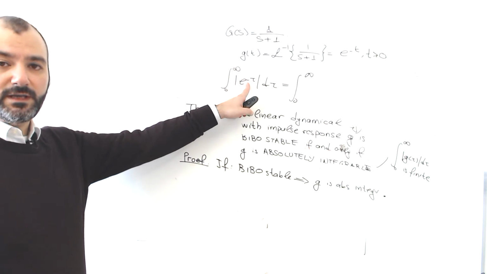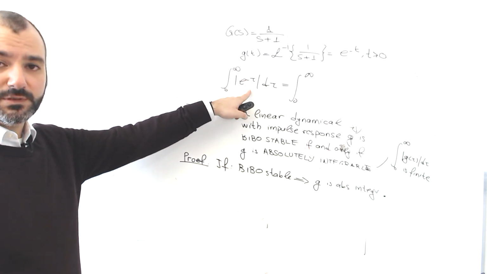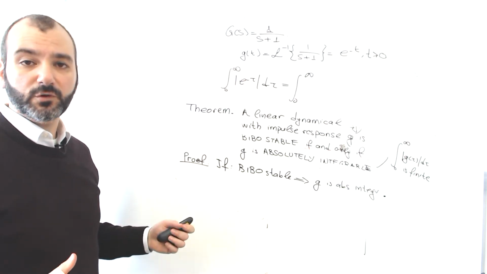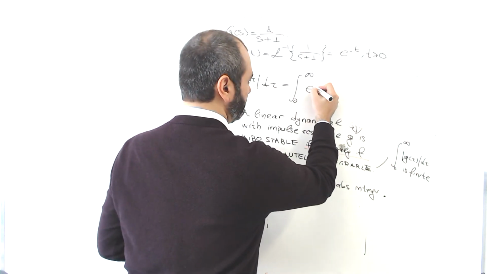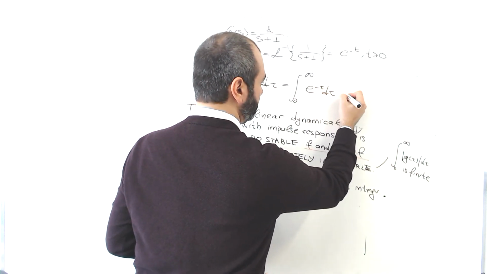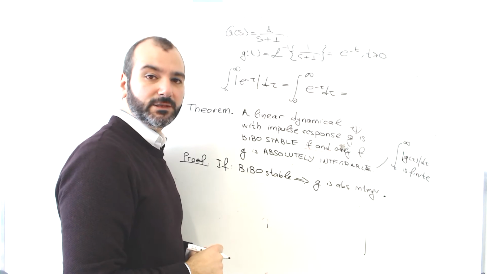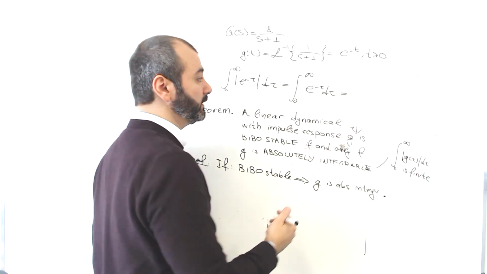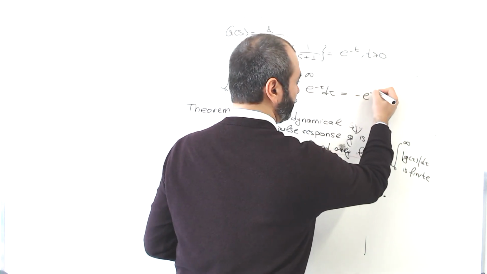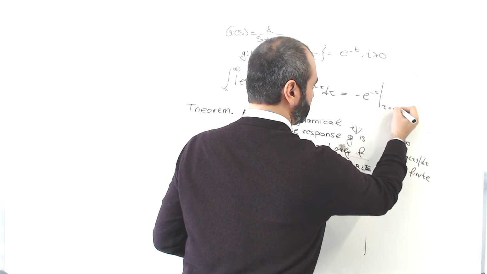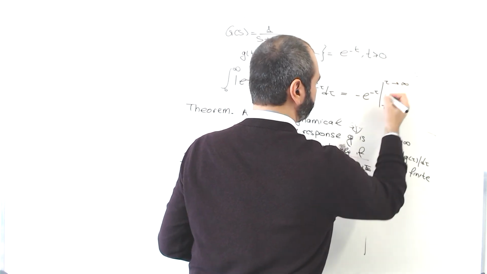Now look, we don't need the absolute value because this is a positive quantity for all times. So this is the integral of e to the minus tau d tau. What is an antiderivative of e to the minus tau? It is minus e to the minus tau from tau 0 to tau goes to infinity.